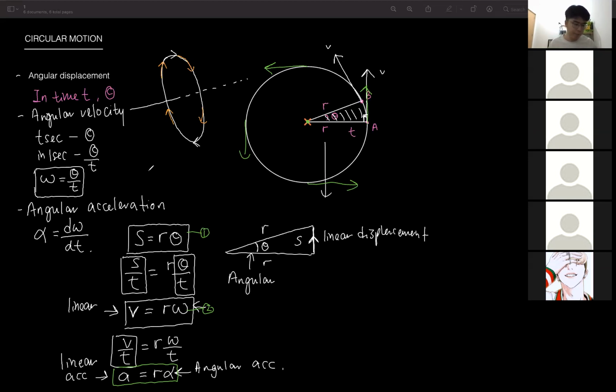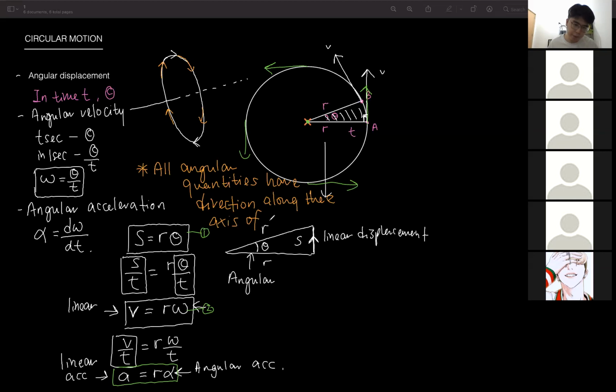So here we understand that all angular quantities, let me write this down here, quantities have direction along the axis of circular path.